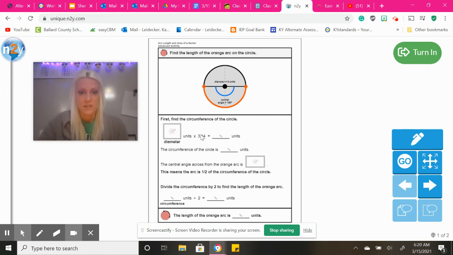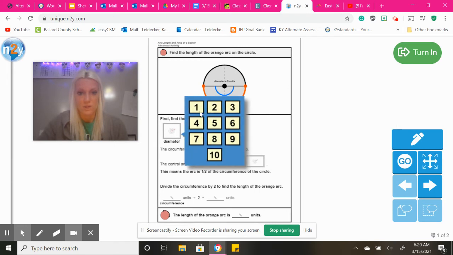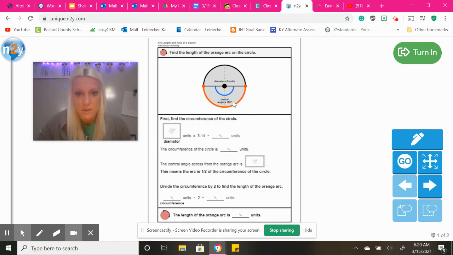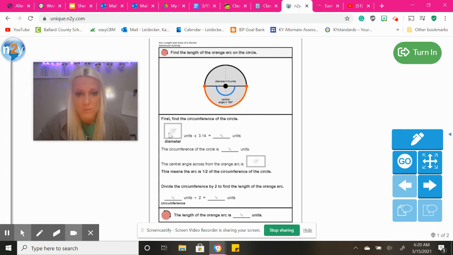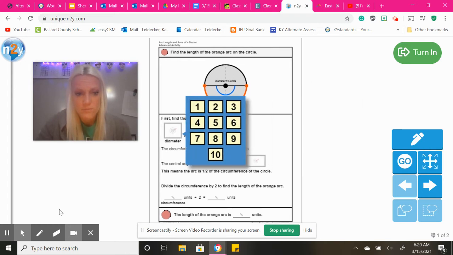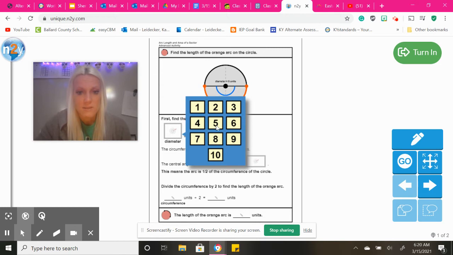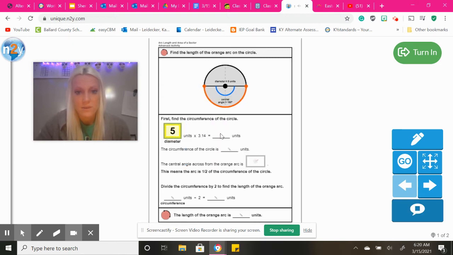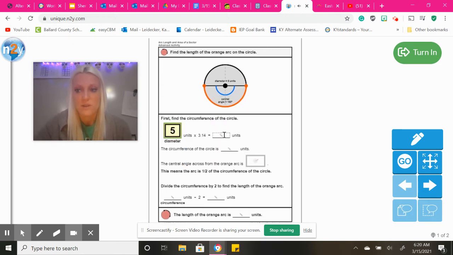It says first find the circumference of the circle. So circumference is all the way around. So all the way around, it has to say 5. So then we do 5 times 3.14.